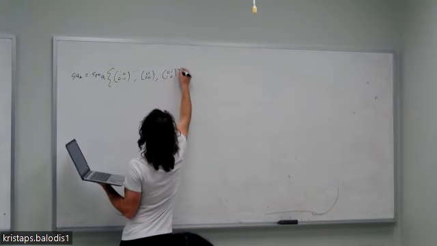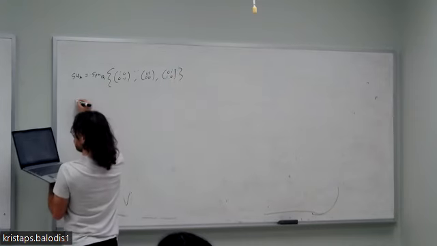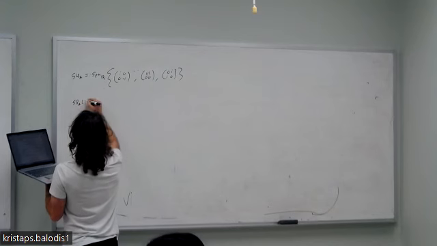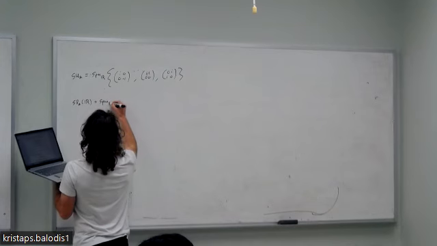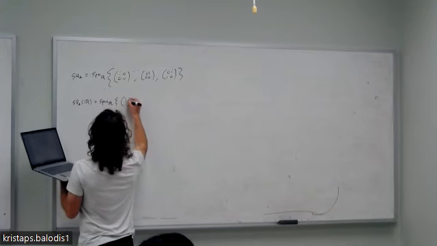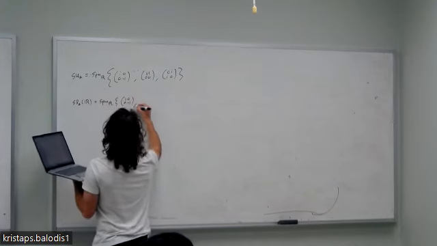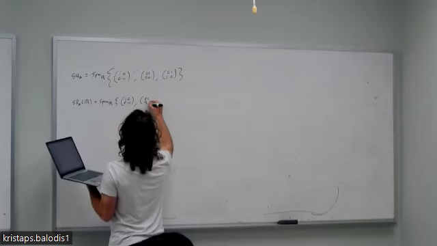So this is all real linear combinations of those three matrices. There's SL2R, which is the real span of these three matrices.